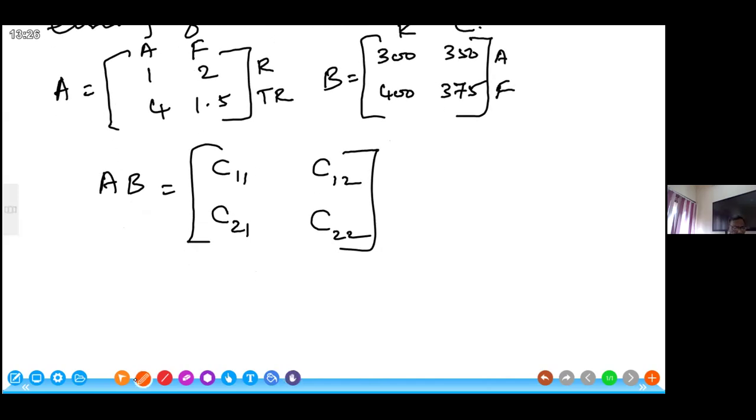Right. Now, what is C11? How can we explain C11? That is 1 into 300 plus 2 into 400.